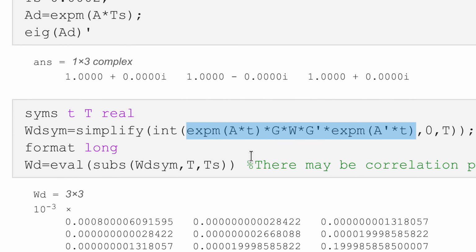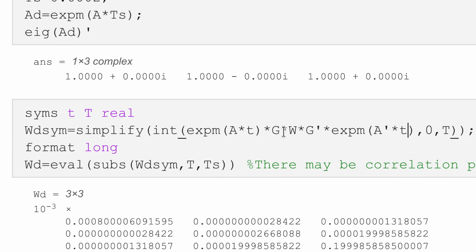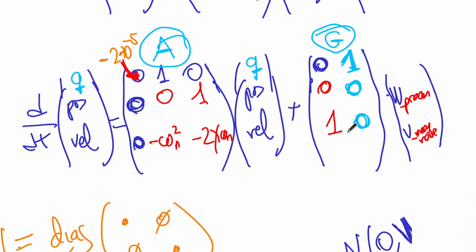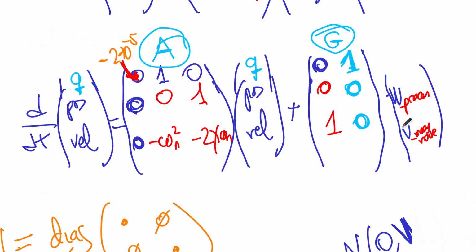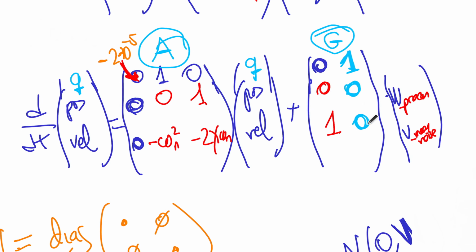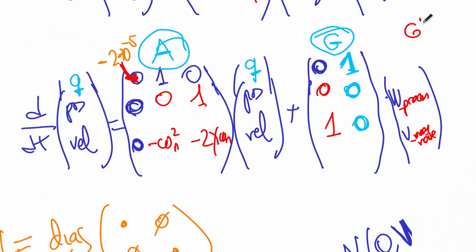And the variance accumulation in a sampling period is the integral of this highlighted expression. Exponential of the matrix to the left and exponential of the matrix to the right transposed. And in the middle we have the continuous time power spectral density at each state, in the sense that if this is the signal and multiply by this matrix G, then this thing is the power spectral density and the covariance between white noises affecting each state.